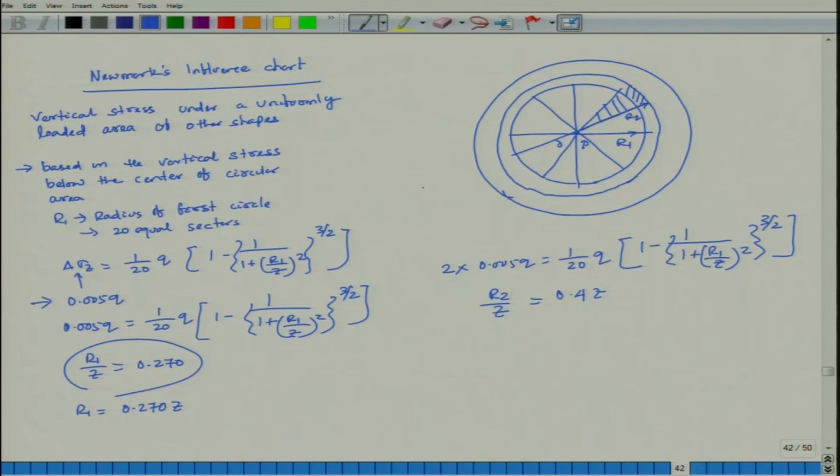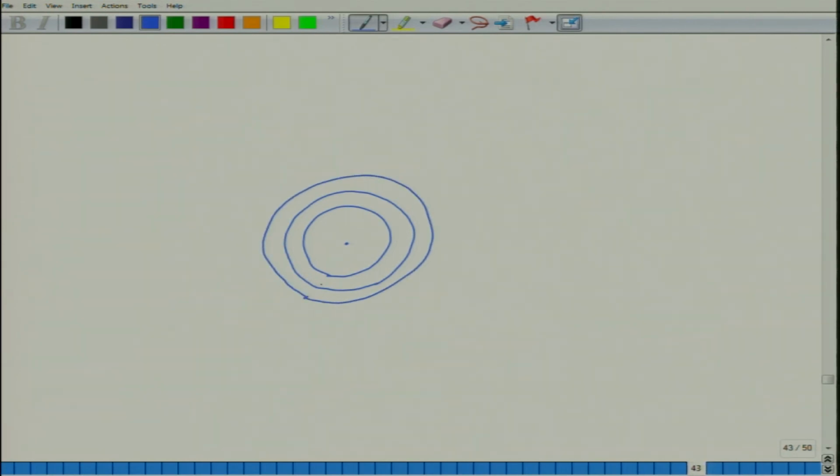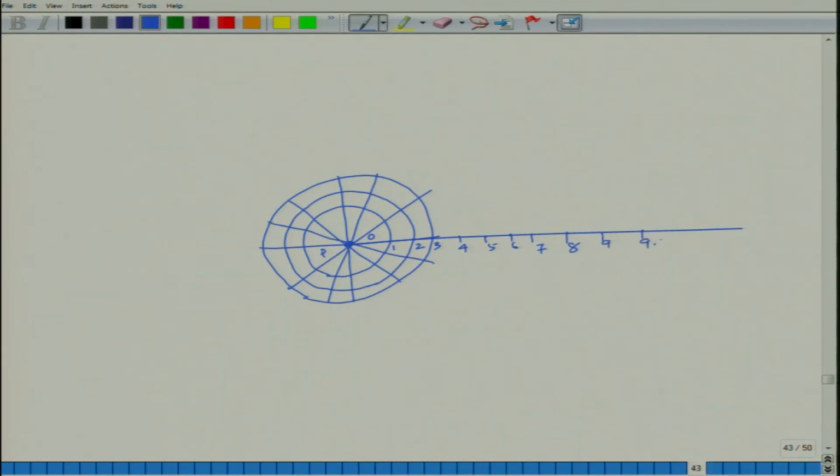So, that means now if I go for the third, fourth circle like this, what will happen? Here is the circle, and here this is point O and this is the value of P. If I continue like this, it is first, second, third, fourth, fifth, sixth, seventh, eighth, ninth and 9.6.